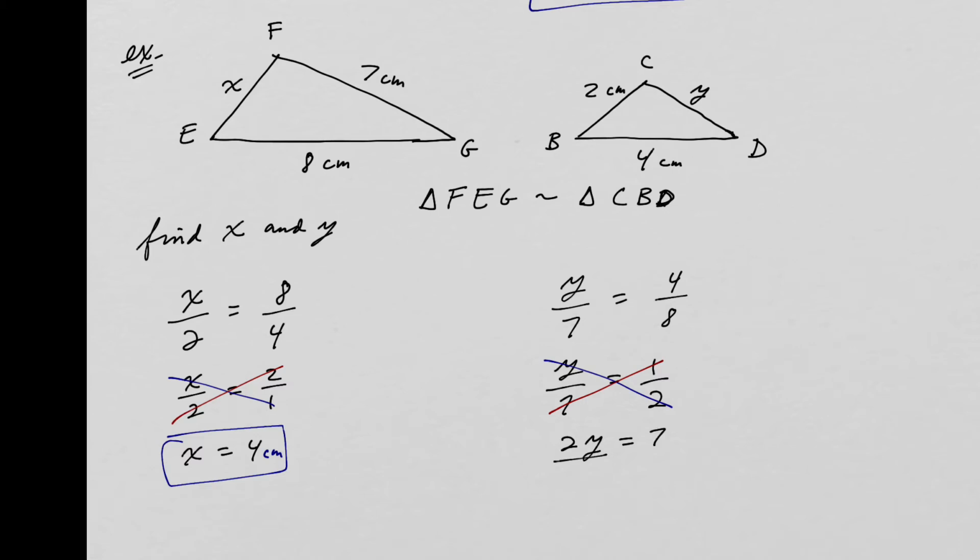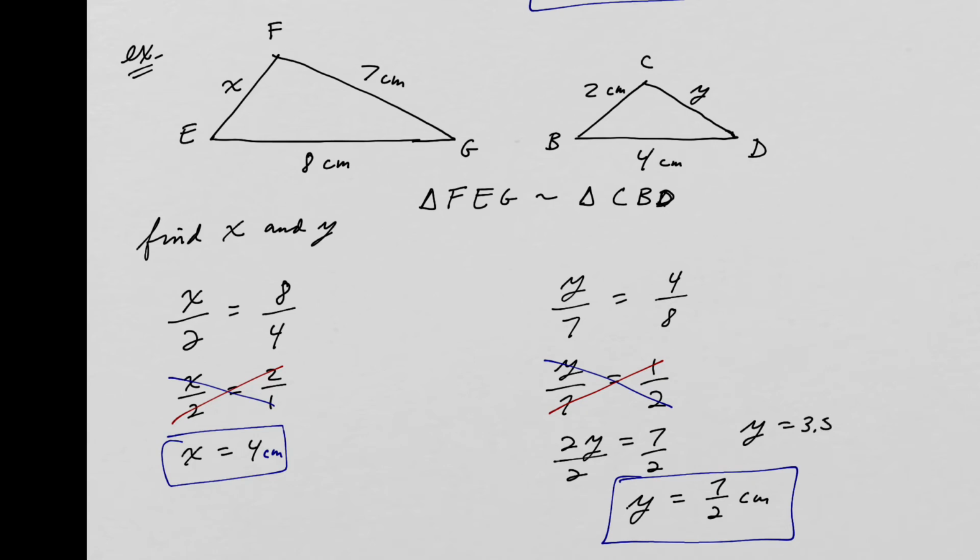And then finally, if I divide by 2, then I have Y is equal to 7/2 centimeters. Or if you want it as a decimal, right, you could divide it out and you'll find that Y is equal to 3.5 centimeters, right? 7/2 is 3.5. Either or, doesn't matter. It really depends on what my open math is asking for. Sometimes it wants a fraction, sometimes it'll ask you to leave it as a decimal.